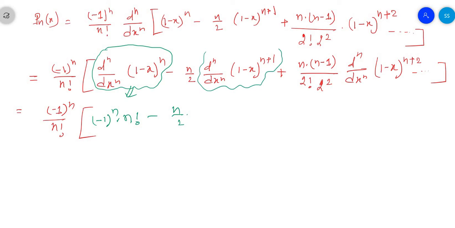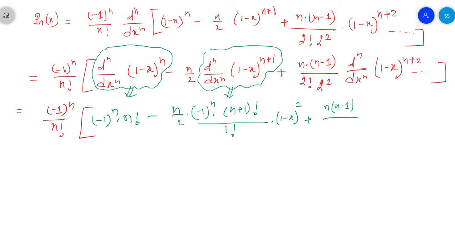This successive derivative gives (-1)^n (n+1) factorial over 1 factorial into (1 minus x)^1, plus n(n-1) over 2 factorial 2 squared into (-1)^n (n+2) factorial over 2 factorial (1 minus x)^2 minus dot dot dot up to infinity.